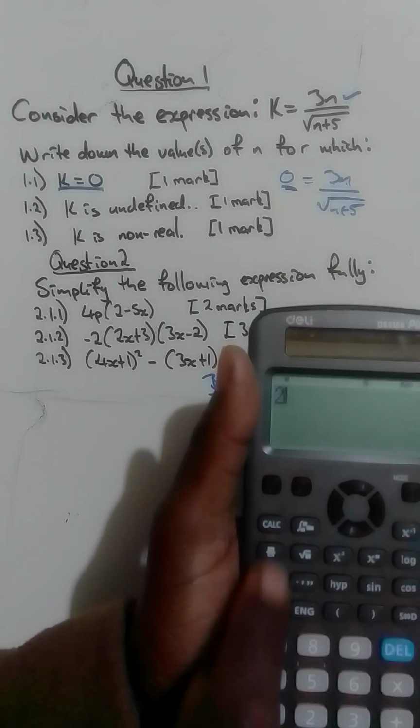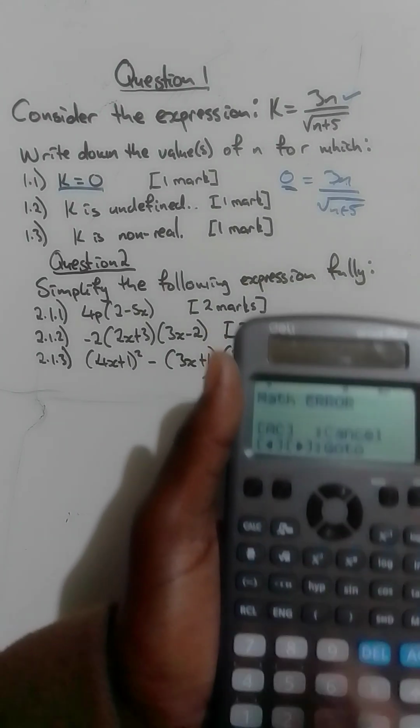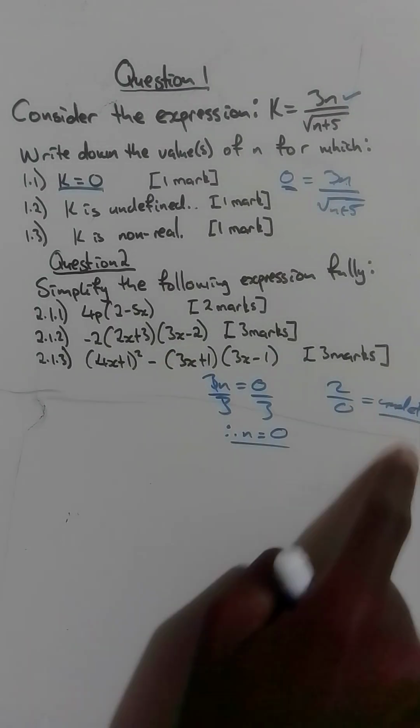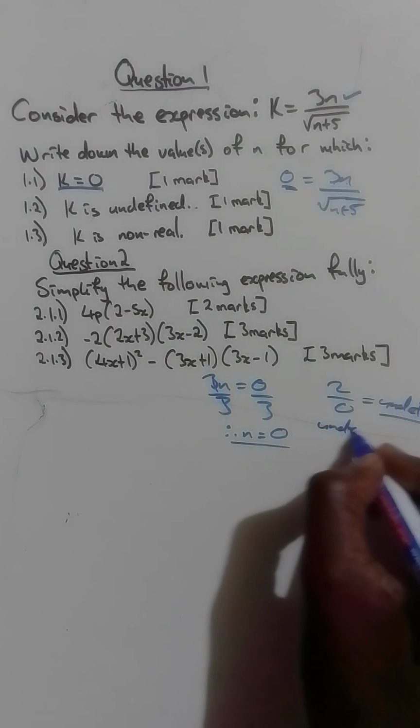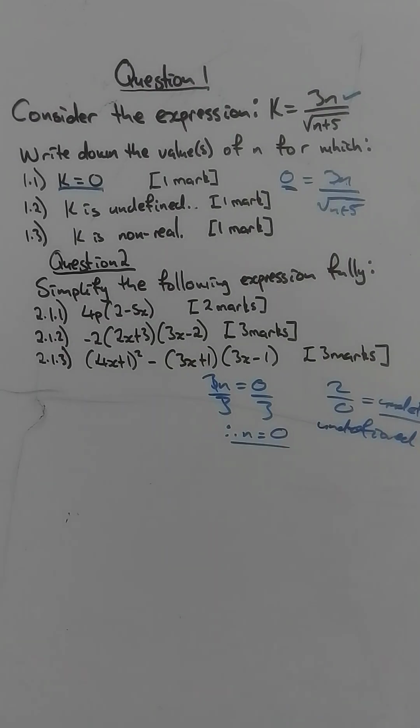If I say 2 divided by 0, you see, it tells you math error. This math error, you write it as undefined. So, in our case, what would make our denominator 0?